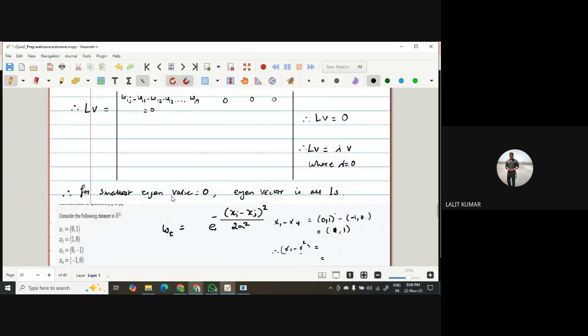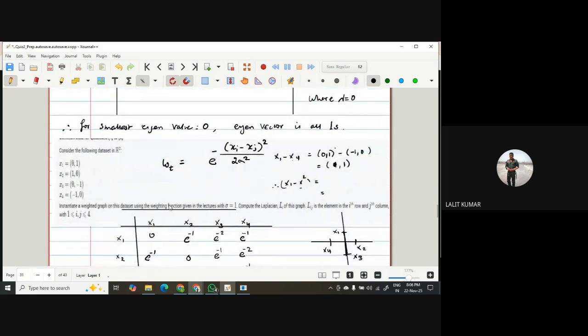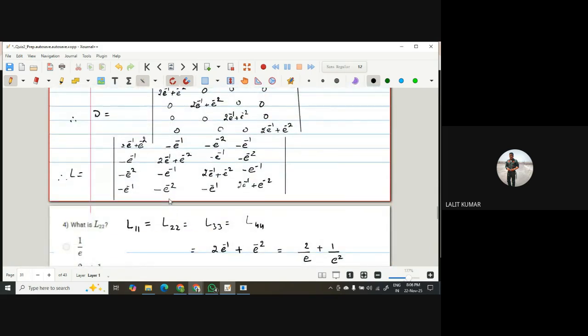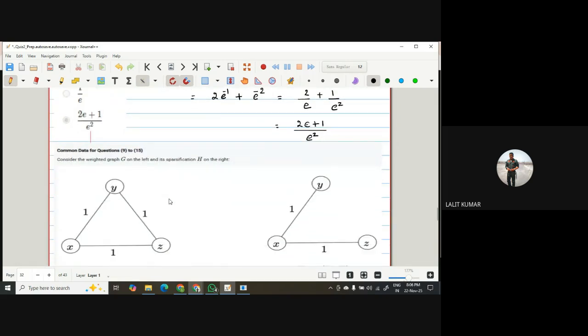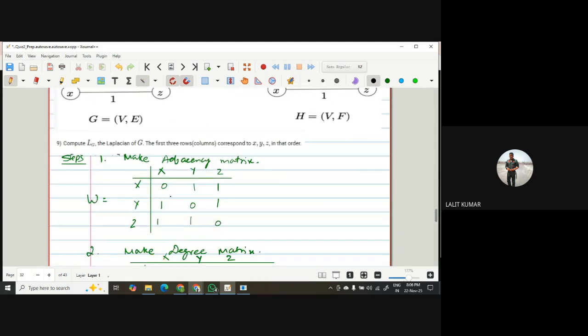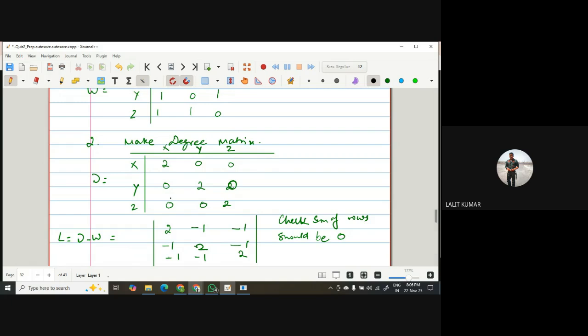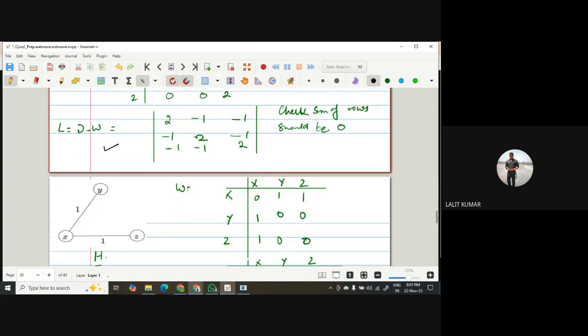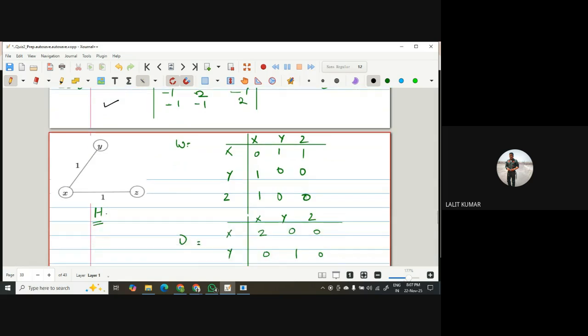What I suspect is that there will be a question on calculations of this. Straight away mathematical calculations are there. There are no twists. So just remember the steps. First you have to make the adjacency matrix W, then make the degree matrix. From the degree matrix make the Laplacian. From the Laplacian, now find the eigenvalues.